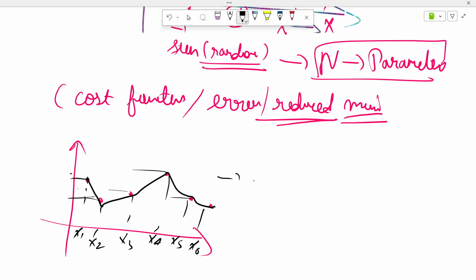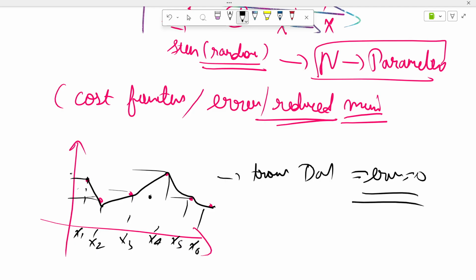So this is perfectly fitting the training data, so it will give an error equal to 0. But if I give a point somewhere here, it may give some error. It will not be able to predict well on unseen data, which is the test set data, because it is perfectly fitting the training data. That kind of model we call an overfit model. We will understand more on this concept.